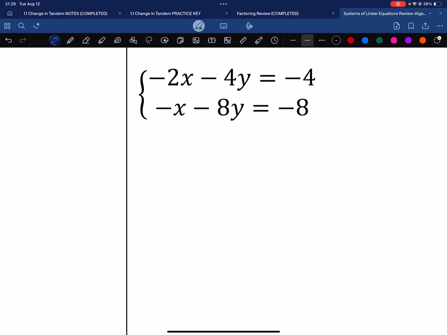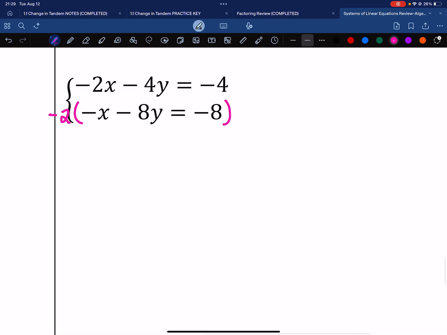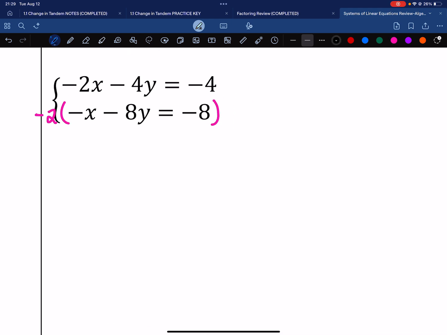So if I want to make the second equation have a +2, I have to multiply, and if I multiply one thing, I have to multiply everything. And so I'm going to multiply by -2. When we do that, this top equation is going to stay the exact same.